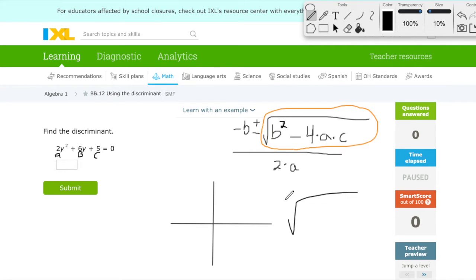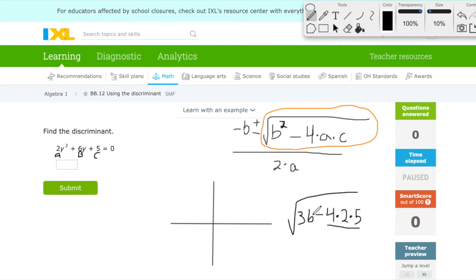that's 6 squared, or 36 in this instance, minus 4 times a, which is 2, times c, which is 5. If we actually calculate that, think about order of operations. Remember, this multiplication comes before subtraction.